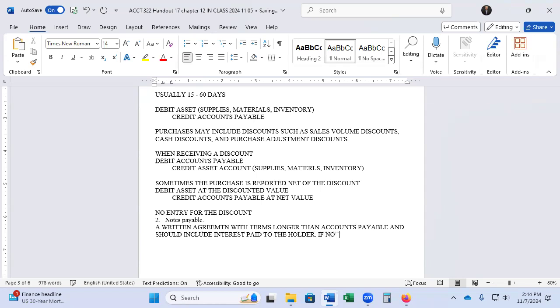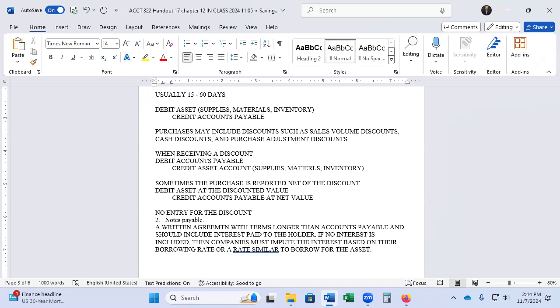If no interest is included, then companies must impute the interest based on their borrowing rate or a rate similar to borrow for the asset.